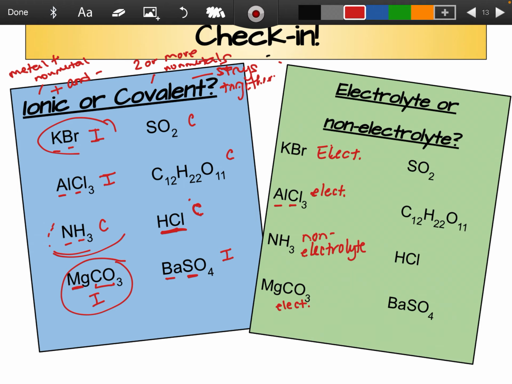SO2 is covalent, which means the molecule is going to stay together, so it's going to be a non-electrolyte. C12H22O11 is covalent, so it's going to stay together and be a non-electrolyte.